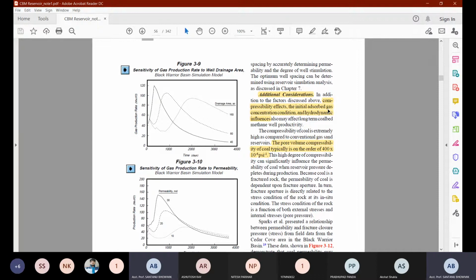Then the initial adsorbed gas concentration condition. Whenever you are going to produce gas from the reservoir, it is absolutely important how much gas is already stored there before you start production. To give you a crude example, consider a sponge. You know that a sponge absorbs water.